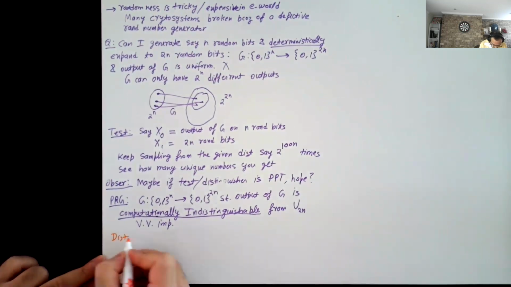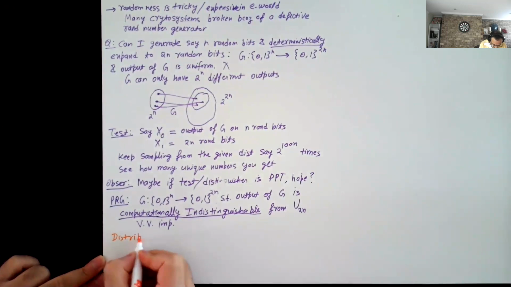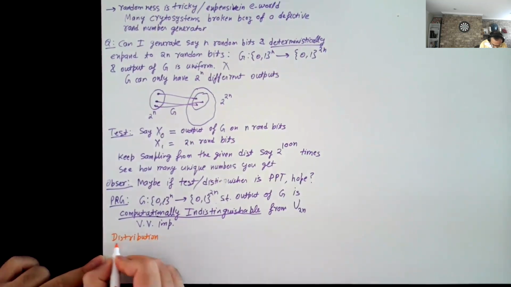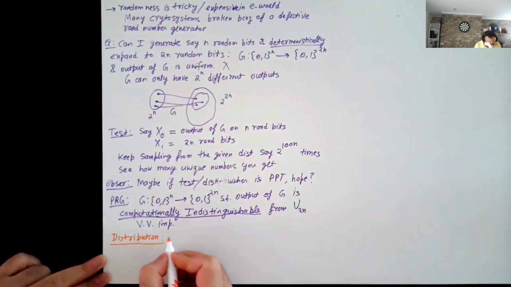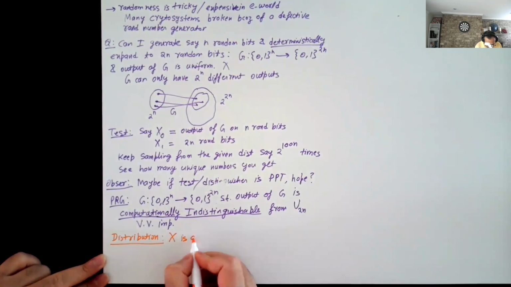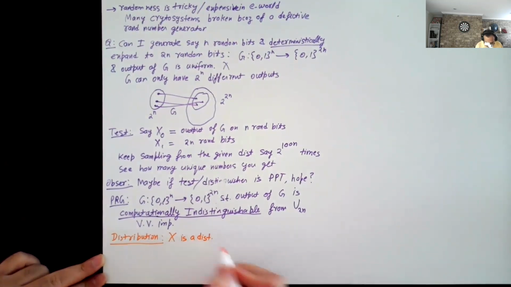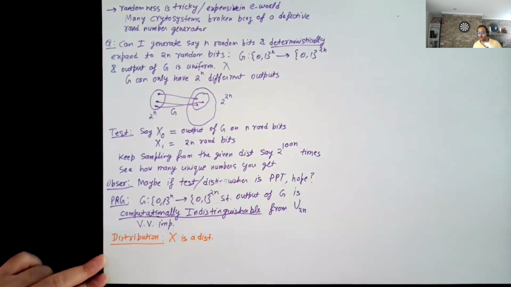So what is a distribution first? Let's say this capital X is a distribution, and every distribution has a support or a sample space.